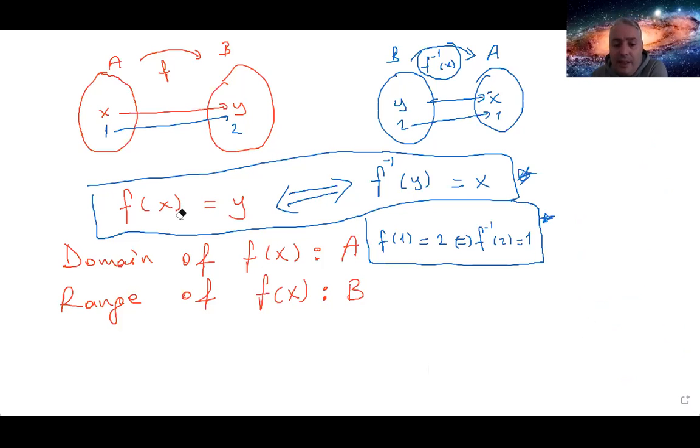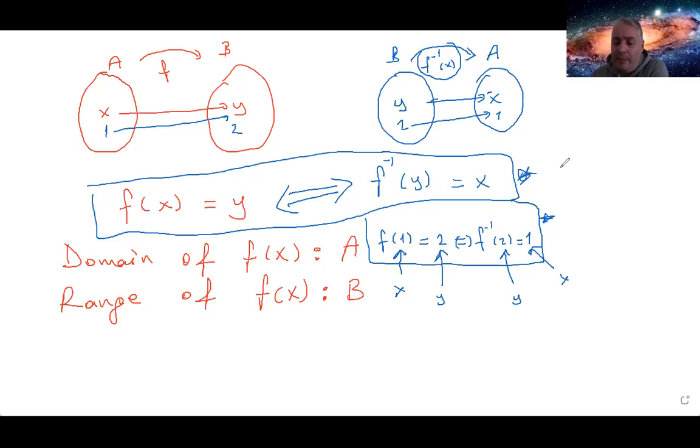Right now this is x, y is 2, so f inverse of y is equal to x. Okay, so this is an important property.